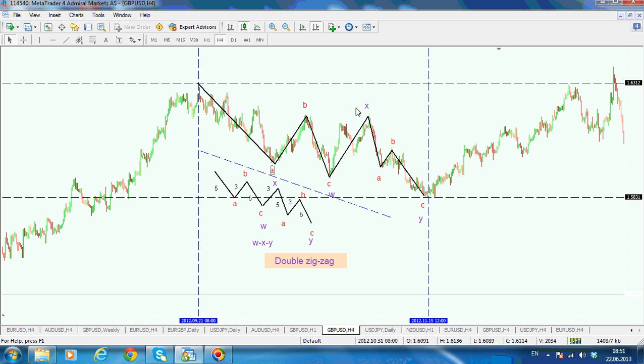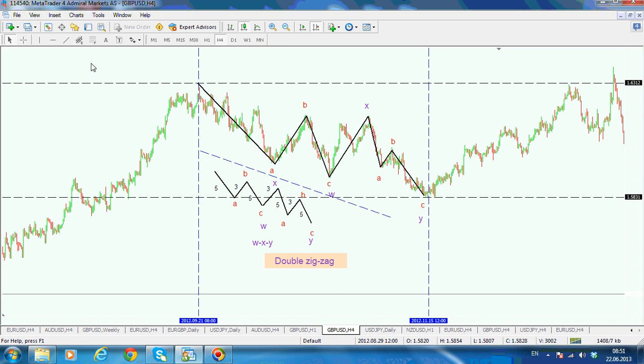So A, B, C to the upside. Now as you can see on this structure here, A, B, C that is forming the first W, an X wave, and then another A, B, C that is forming the second W, and this whole correction will end, for example, the wave of a higher degree.